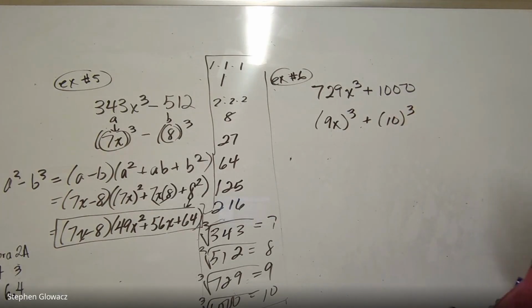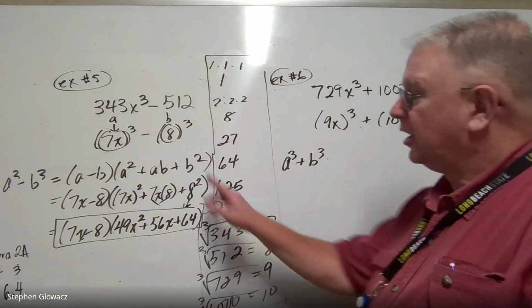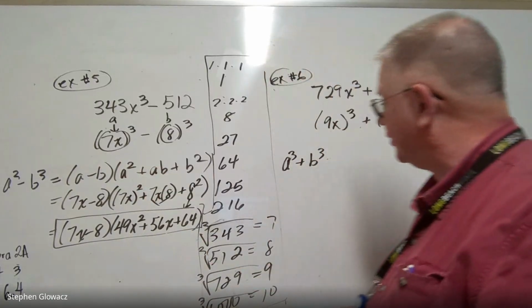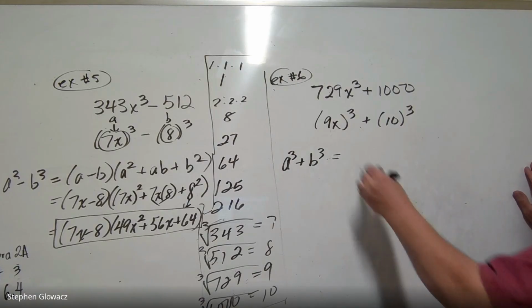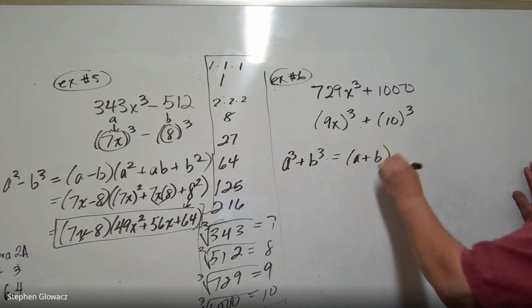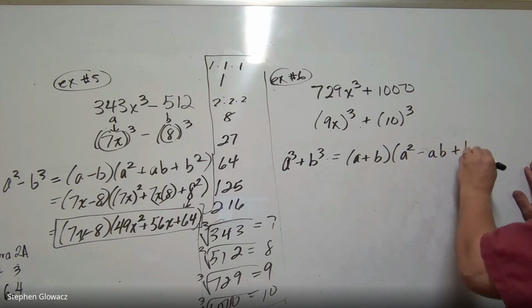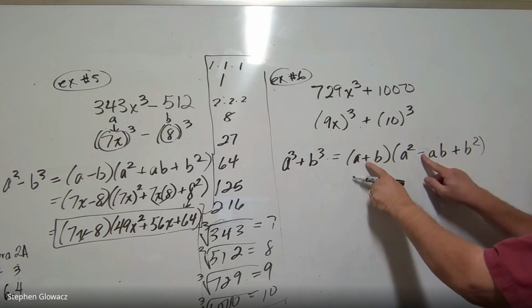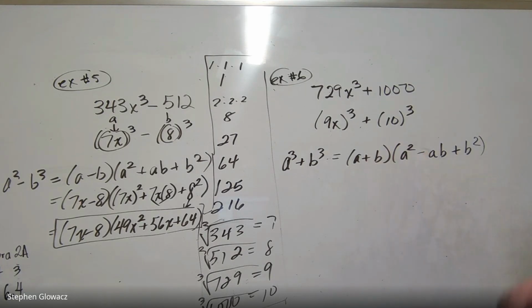And we'll put our pattern up here for sum of two cubes. Now it's going to be very similar to our pattern for difference of two cubes, but we're going to see some differences with the plus and minus signs. So we have a plus b, and then times a squared minus a times b plus b squared. So in essence, these signs switched, whereas with the difference, this was minus and this one was plus.